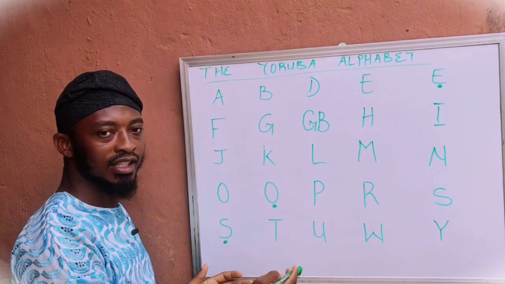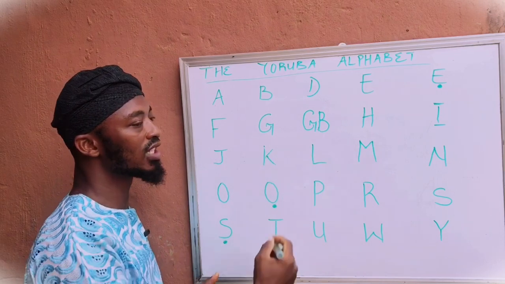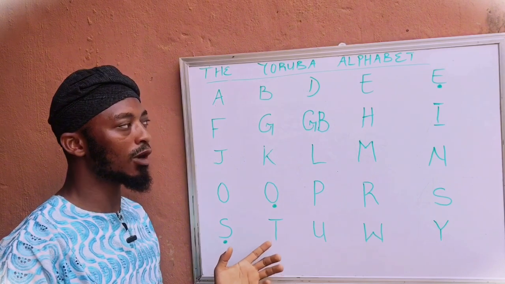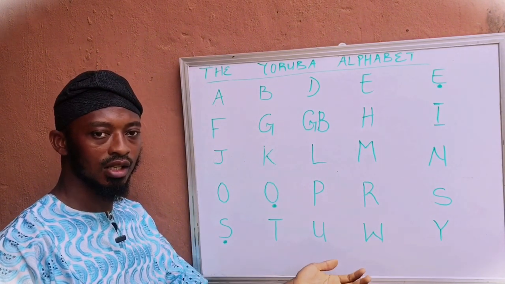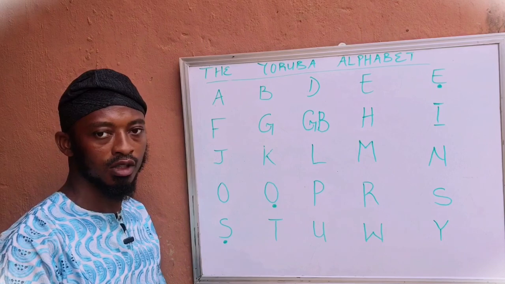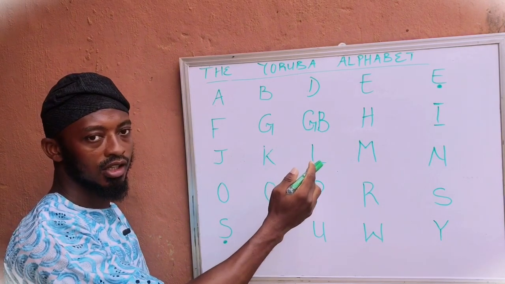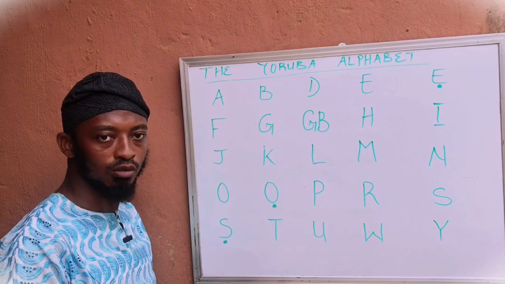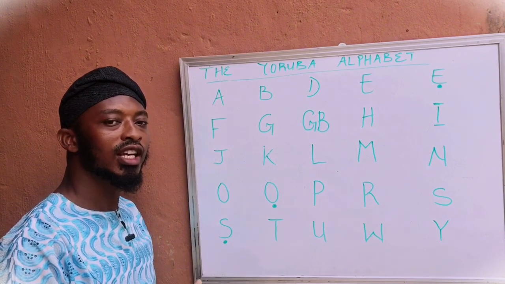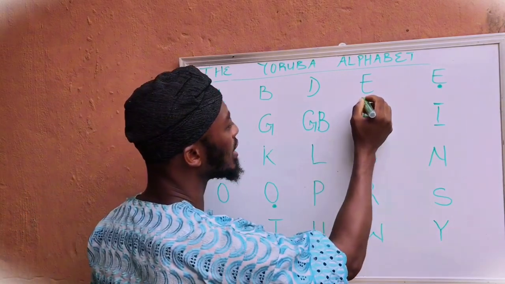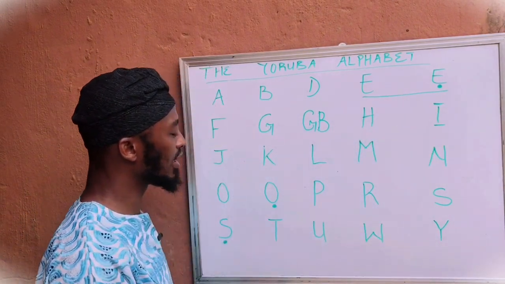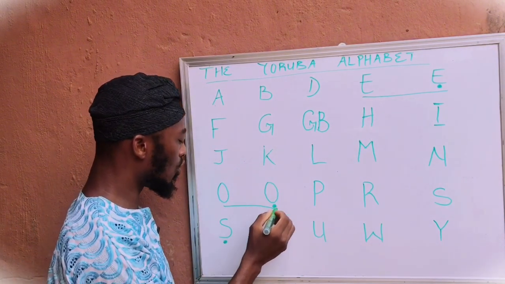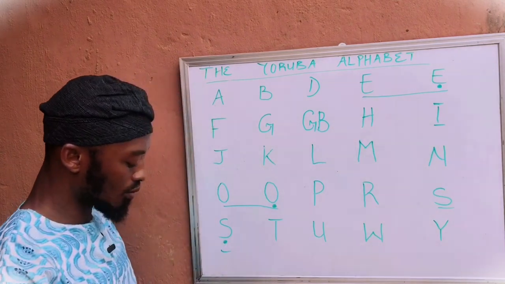Now, let's do a comparison between the Yoruba alphabet and the English alphabet. The number one difference is the English alphabet has 26 letters, whereas the Yoruba alphabet has 25. If you look at this alphabet, we have some letters that are like repeated, or double.